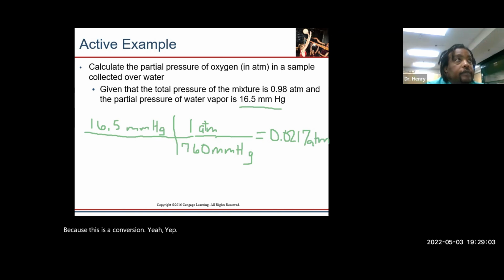Okay. So then we know that PO2 is going to equal total pressure minus pH2O.